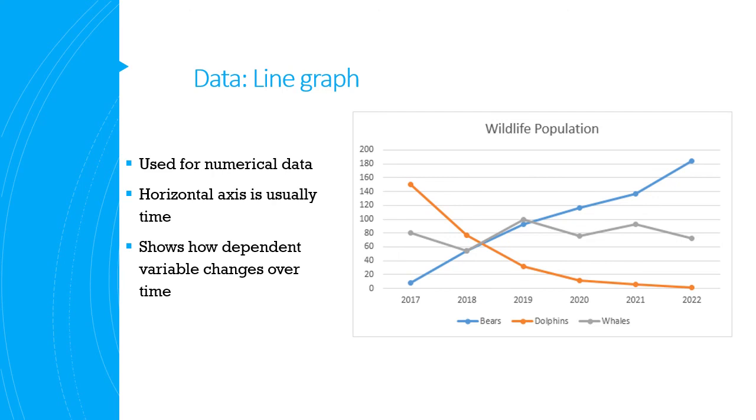But most often line graphs are used to show the evolution of some quantity over time. In this particular plot that I have here, we're showing the population numbers of various species over time. You can tell at a glance whether a species is thriving or declining based on the direction its curve seems to be going.